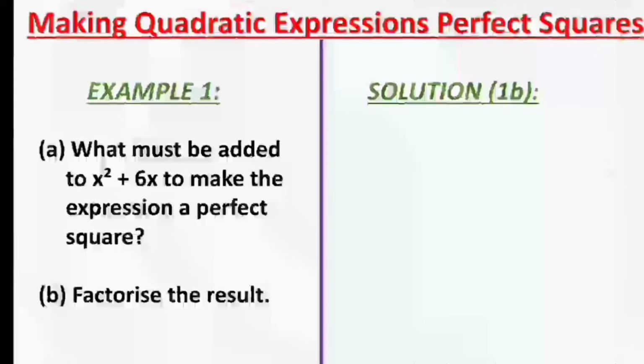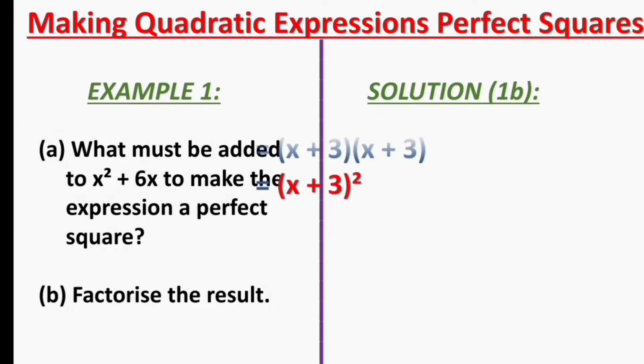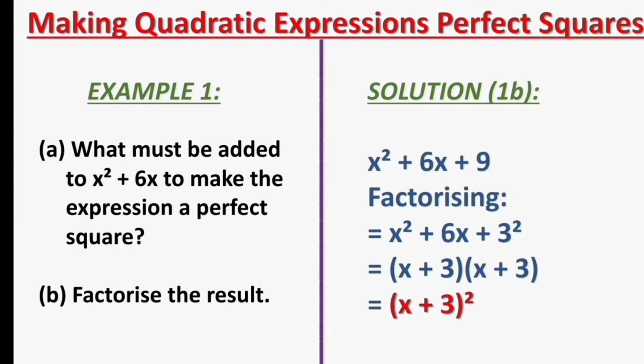Now let's see the solution to question 1b. Let's factorize the result. The perfect square expression is x squared plus 6x plus 9. Factorizing, we have x squared plus 6x plus 3 squared. Don't forget, 9 is the same thing as 3 squared.